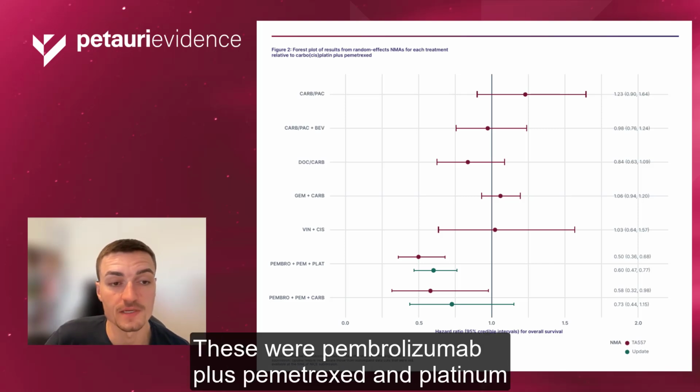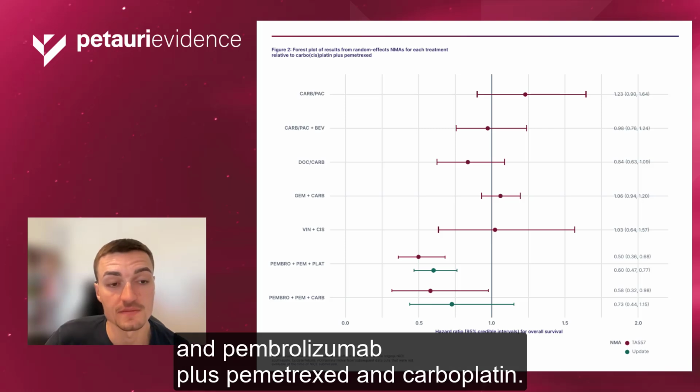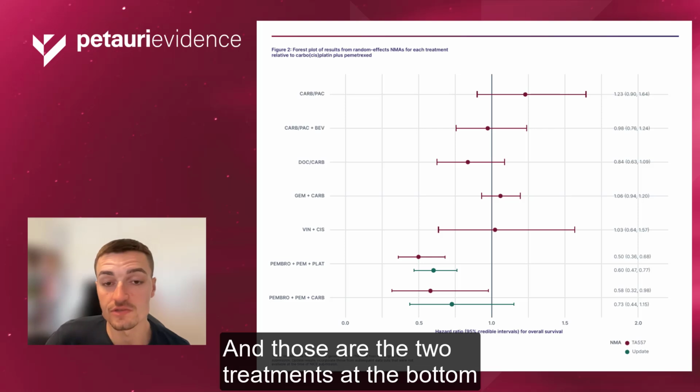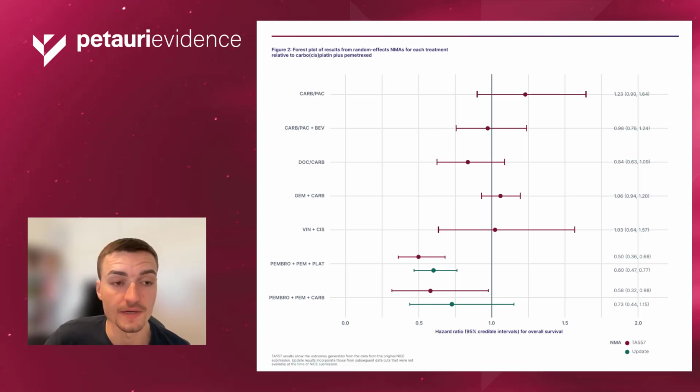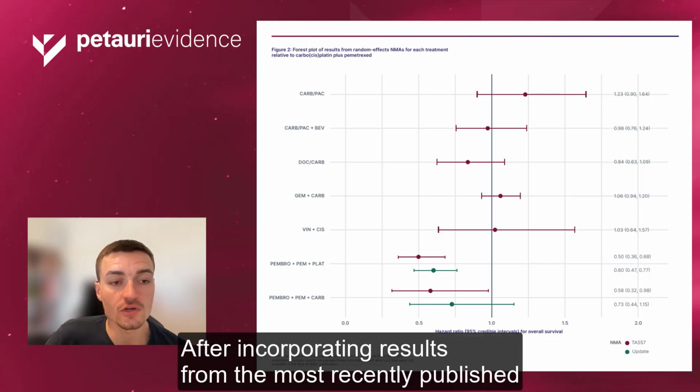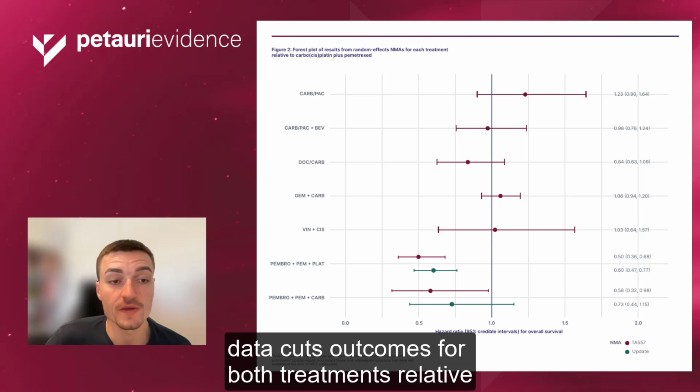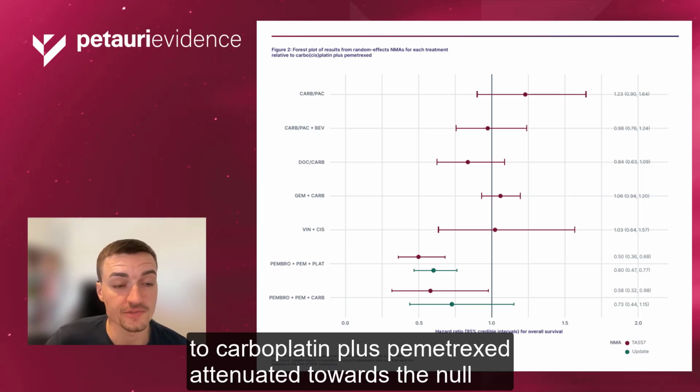These were pembrolizumab plus pemetrexed and platinum, and pembrolizumab plus pemetrexed and carboplatin. And those are the 2 treatments at the bottom of the forest plot shown in Figure 2 of the poster. After incorporating results from the most recently published data cuts, outcomes for both treatments relative to carboplatin plus pemetrexed attenuated towards the null.